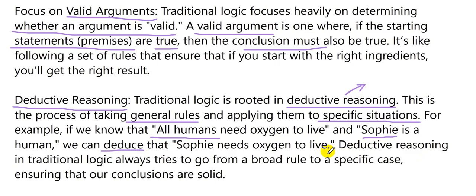Once again, deductive reasoning takes a general rule and applies it to a specific situation, and thereafter we deduce or come to a conclusion. So from general to specific, deductive reasoning.